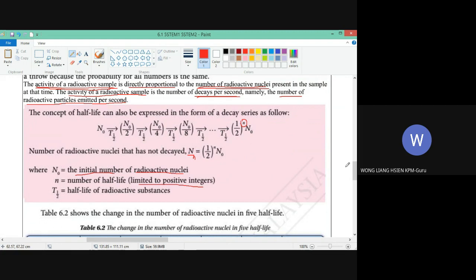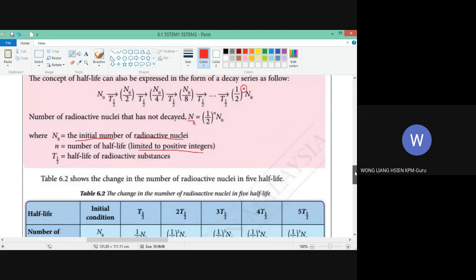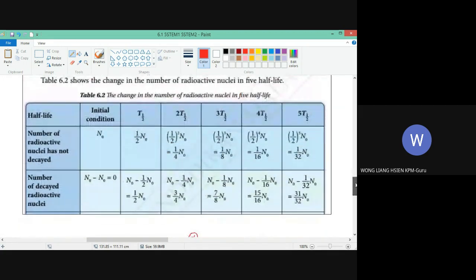Okay, get the idea. So this is an example. The initial, original number of unstable nuclei is N0. After one half-life, the number will decrease by half, so times half.